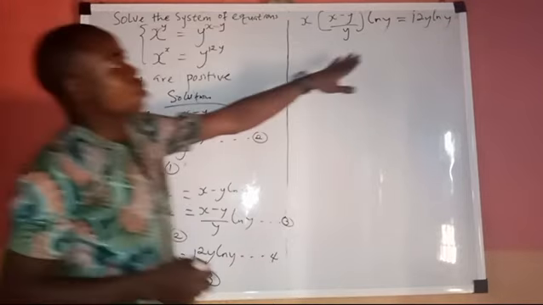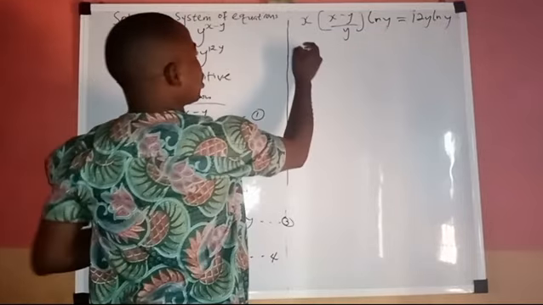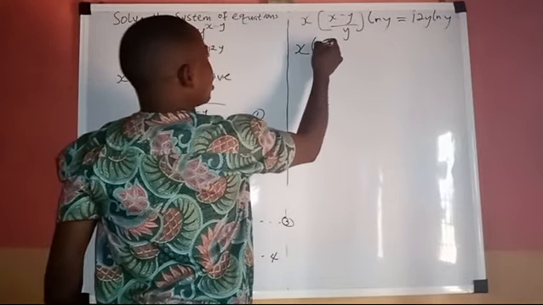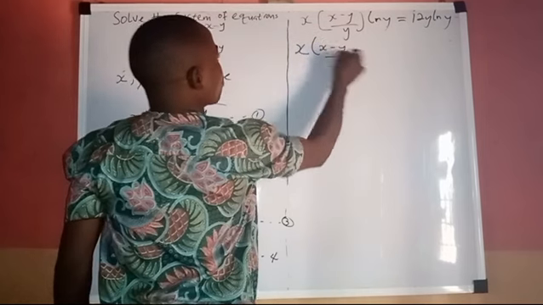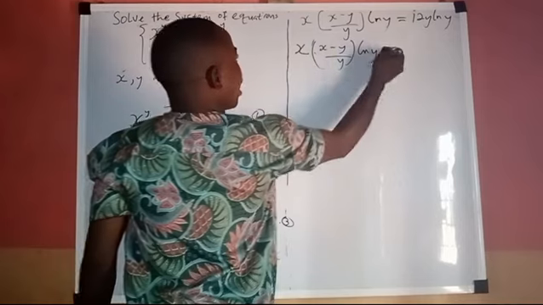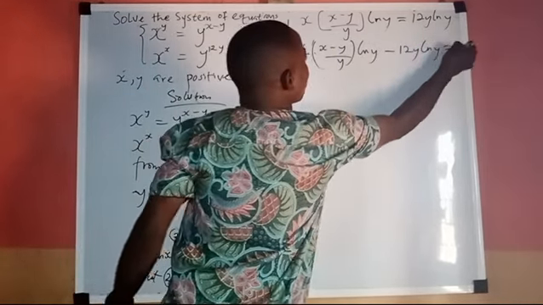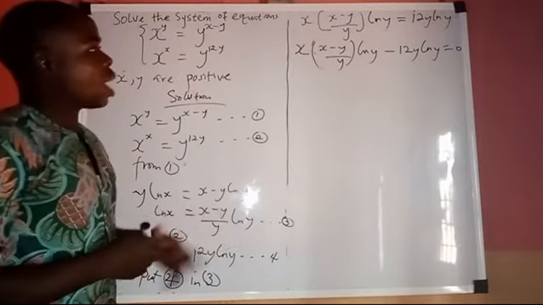So what I'm going to do is bring this one over to this side. If we do that, we have x times (x minus y) divided by y, times ln y, minus 12y ln y, is equal to 0.